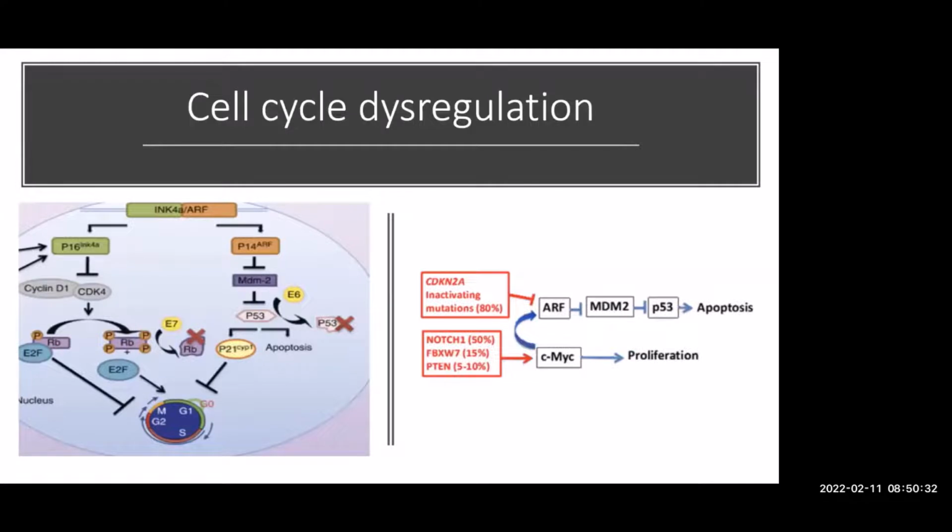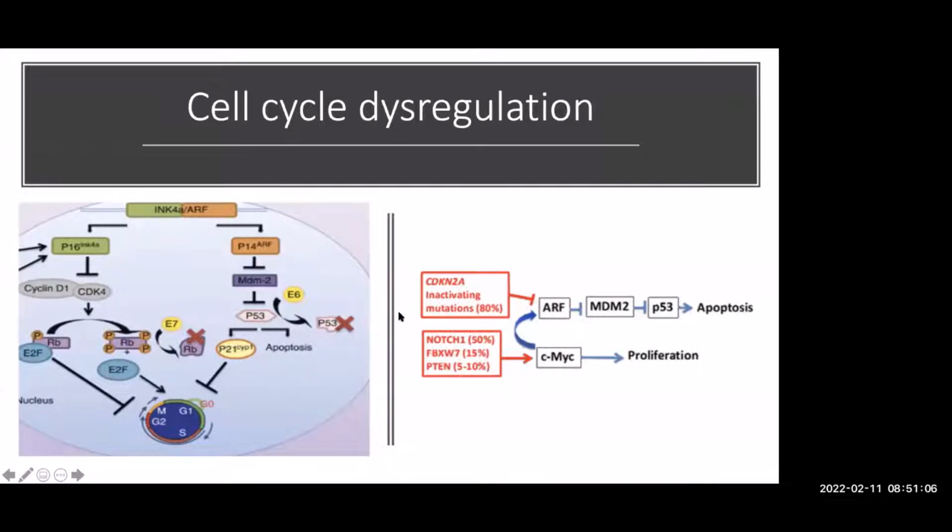The other genetic pathway is cell cycle dysregulation. Cyclin dependent kinases are important cell cycle regulators. The patient has inactivating mutations in cyclin dependent kinase. The normal function of cyclin dependent kinases is, in case of any cell stressors, to cause the cell cycle to arrest at G1 and S phase, and through MDM2 and P53, it causes the apoptosis of the defective cells.